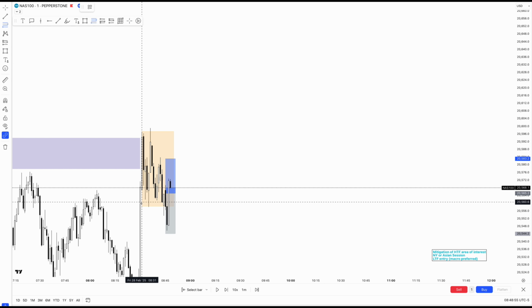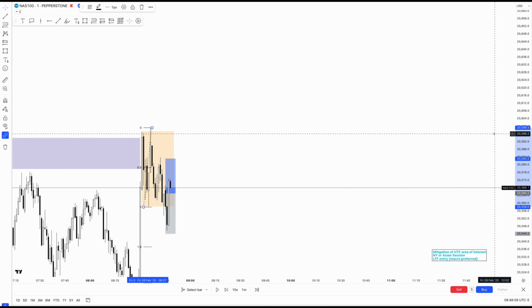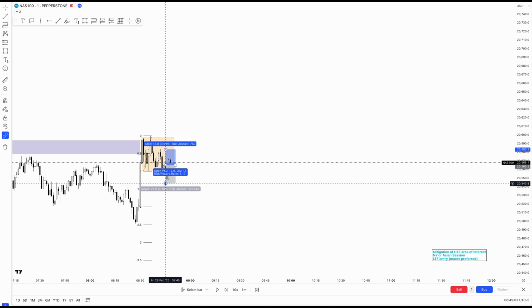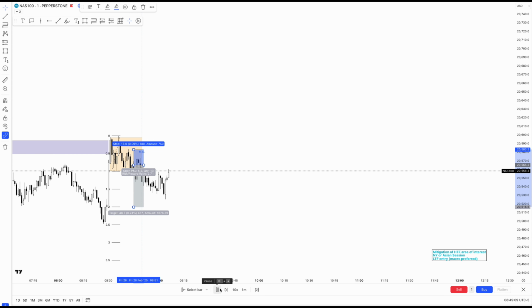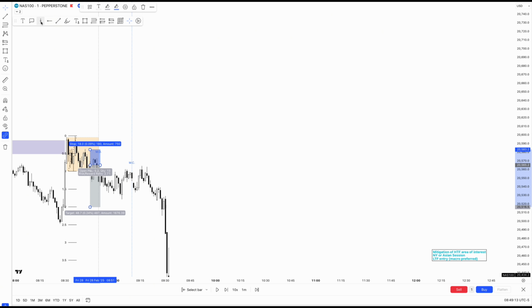Let's get the fib out for about 2 standard deviations. Let's let it play out. So yeah, it's looking like the aggressive entries work out more often than not.